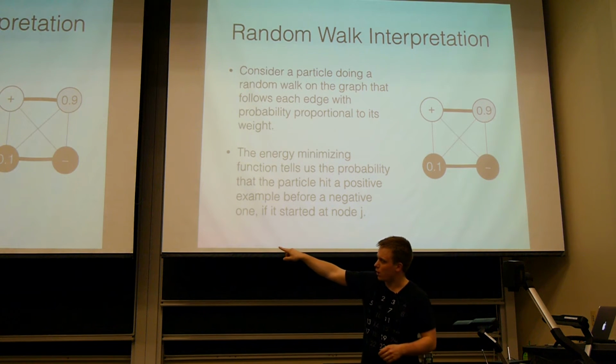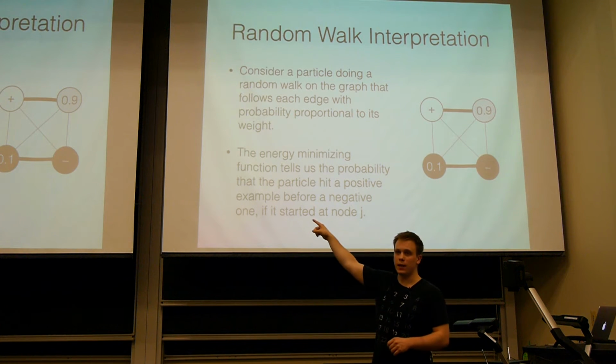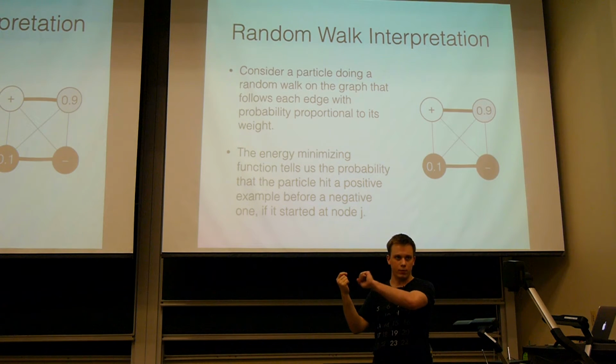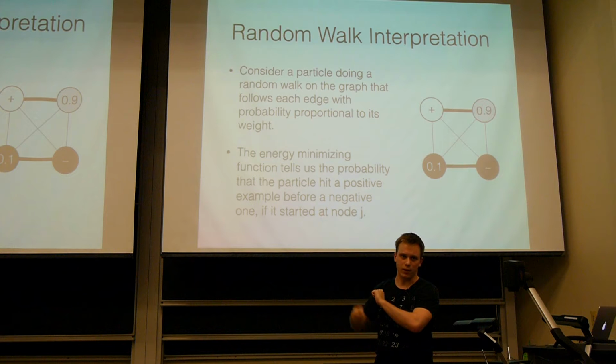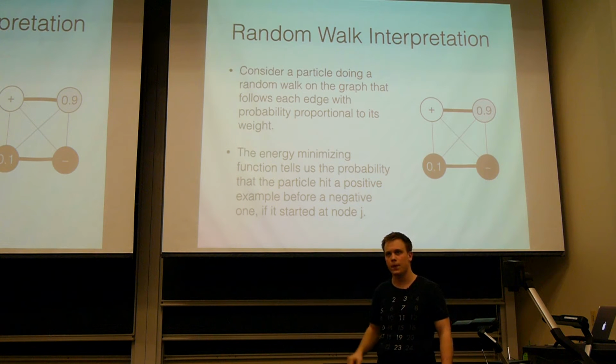And if you take this random walk point of view seriously, it gives you a way of actually estimating the label for a point. You could start a random walk at some point that you want to know the label for, and then loop through your entire state space. You compute the edge weight for every other point, normalize them, take a random step, and do that over and over until you hit either a positive example or a negative example.